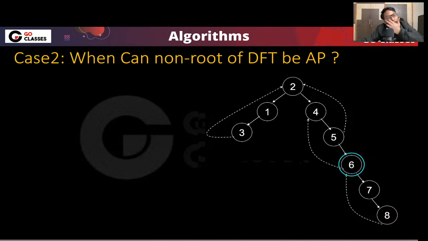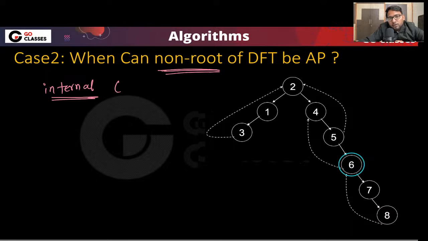So when can a non-root, or the internal node, let me just write internal non-root, be an articulation point?